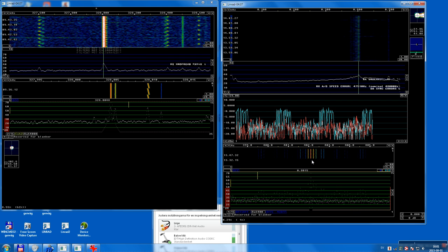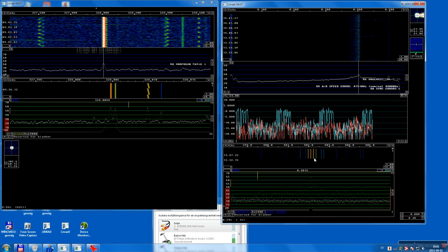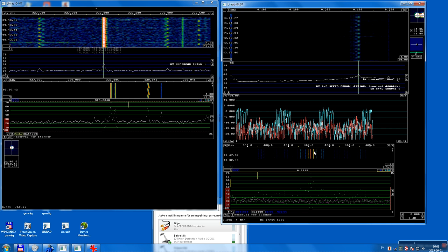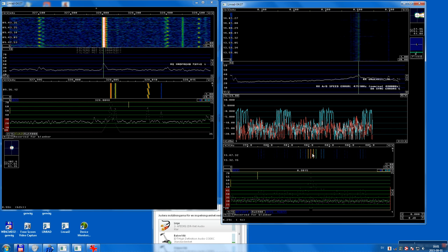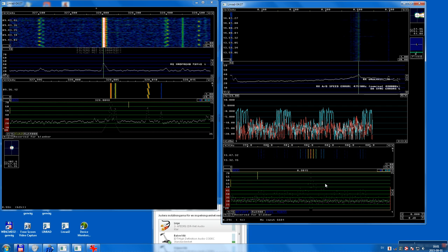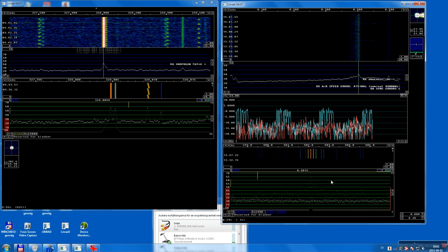I'm playing the 10-minute recording over and over again, and from here to here is 10 minutes, and then again 10 minutes, and now I'm towards the end of the recording. I'm not using coherent detection, I'm just listening in the second instance of Linrad, just listening in the matched bandwidth.